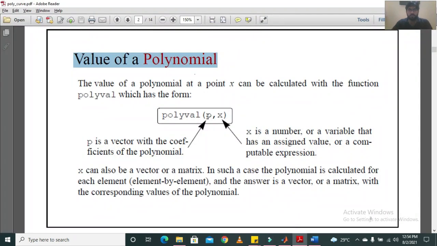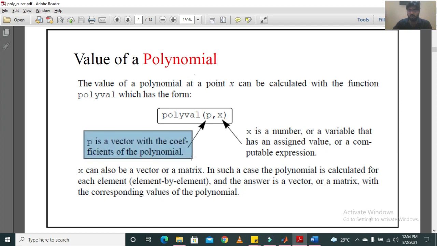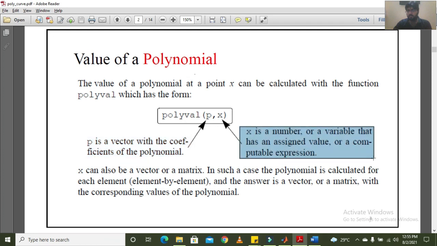The first one is the vector, the polynomial in which you want to put the value x equals 4, and x is the value at which you want to calculate. You want to calculate the value of y, or f of x, by using the polynomial which you have mentioned here as p.